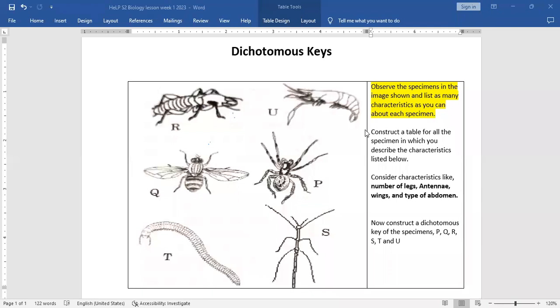Elizabeth? Specimen T. Okay, you've picked T. It has a segmented body. It has 1 pair of short antennae. It has many short legs. Very good. Anything else?